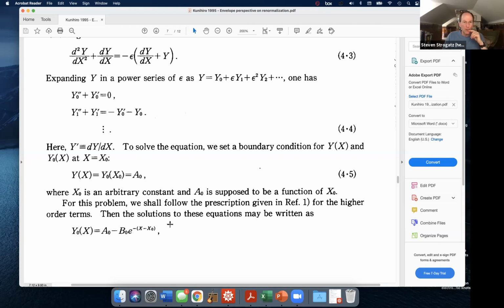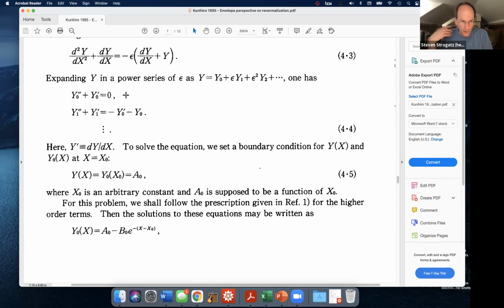He's not really setting y0 to be a0 at some point. What I think he's really doing, and this part is correct, is just solving this y0 equation. We can do it in our heads. What's the solution of y0 double prime plus y0 prime equals 0? Answer: a constant plus a constant times e to the minus x. It's a very easy equation.